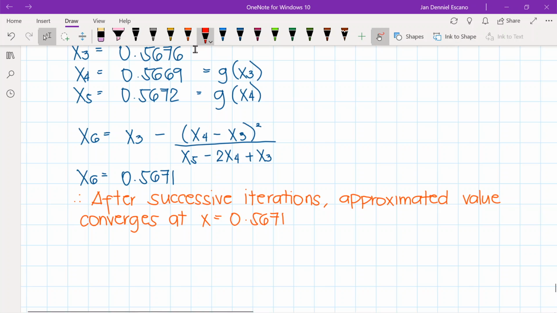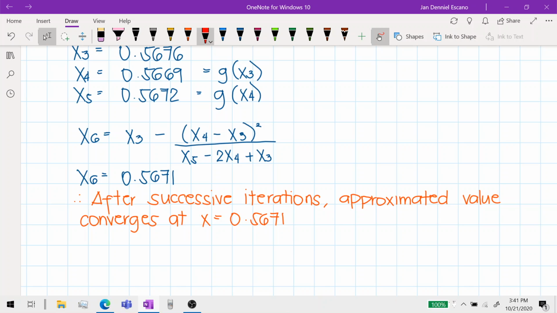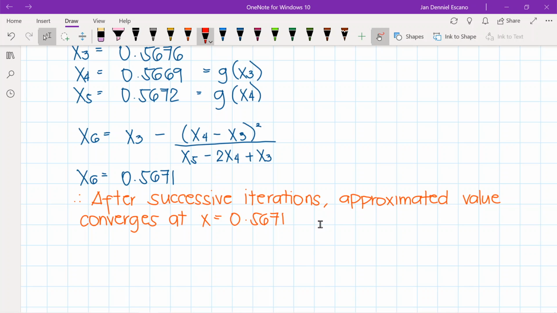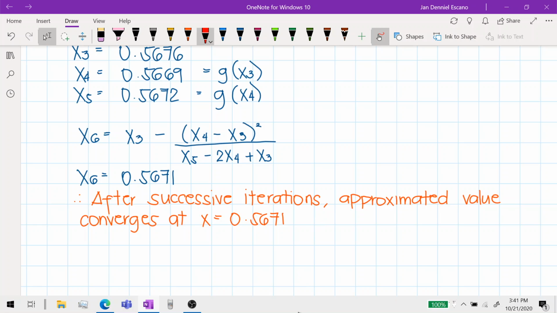And after successive iterations, we get the approximated value of the root, which converges at x is equal to 0.5671. So when we compare this method with fixed point iteration, we can say that this is much easier because it accelerates our convergence faster than using the fixed point iteration. So that is the advantage of the Aitken's delta square method.